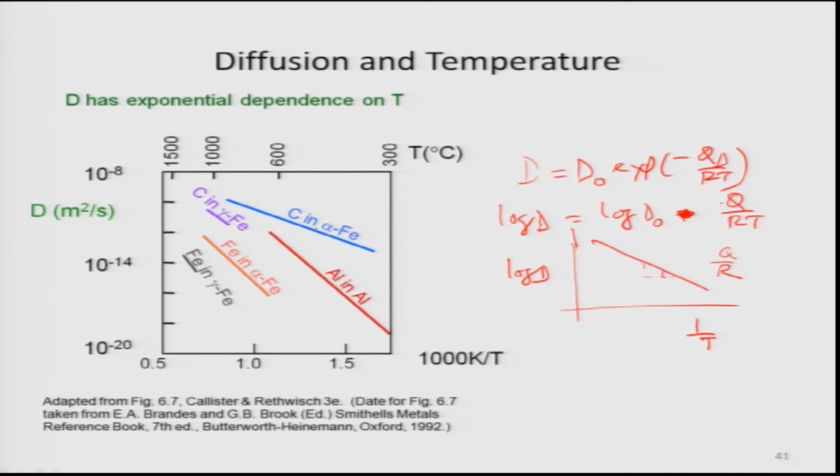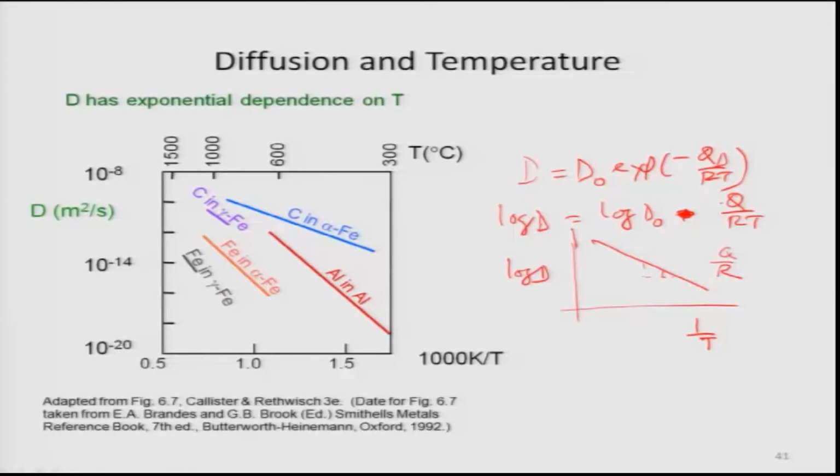That means the barrier for diffusion of carbon in gamma iron is much lower than carbon in alpha iron. Gamma iron is an FCC structure, and the number and sizes of octahedral and tetrahedral voids are different than in alpha iron, which makes carbon diffusion in gamma iron much easier. That is why in steel metallurgy we always heat the sample to the gamma phase, because we want carbon to diffuse uniformly.